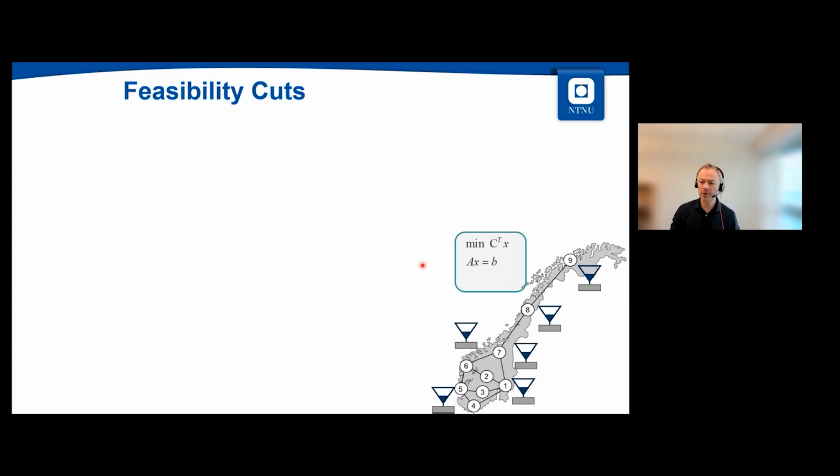The traditional way of seeking the optimal solution or the least cost dispatch in a system like the Norwegian one shown here is to divide it into price areas. You see here the 9 price areas for Norway, and for each price area you have an aggregated representation of the hydropower, like these kind of wine glasses here.